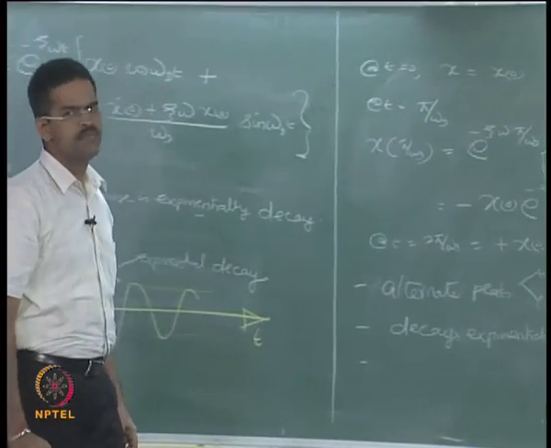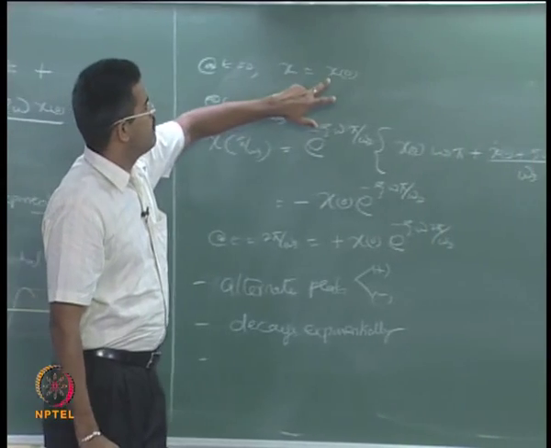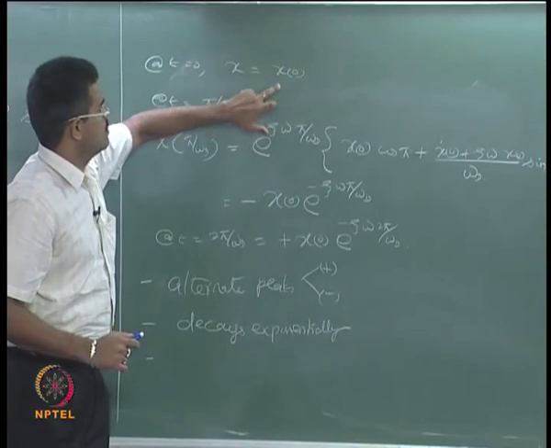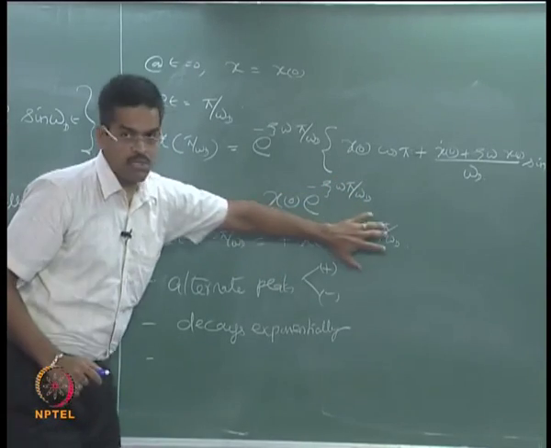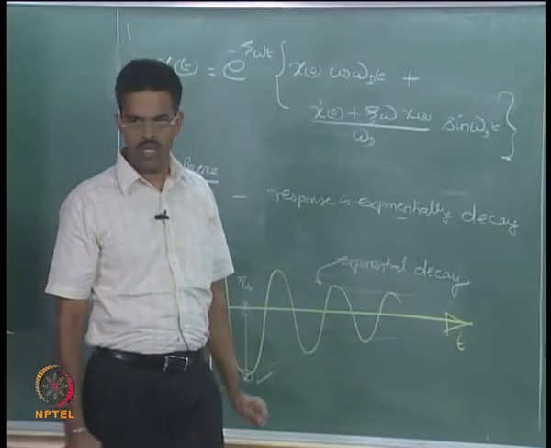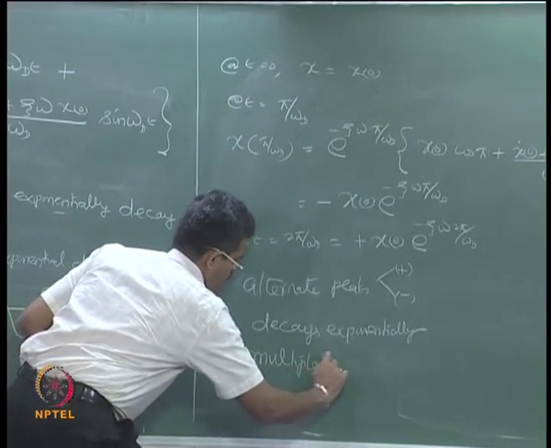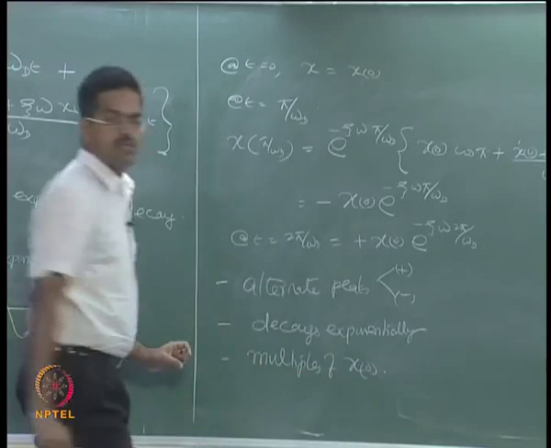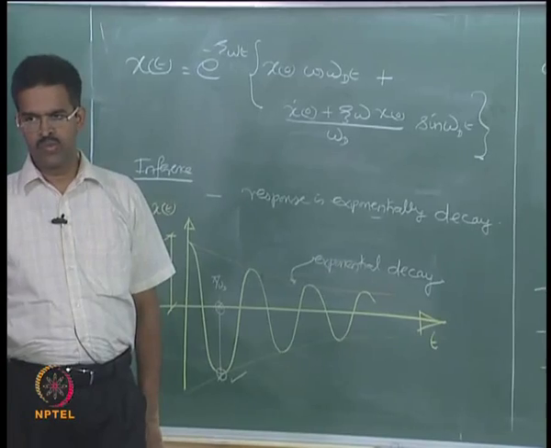Next, the successive peaks are all multiples of x naught, x naught of something, x naught of something. So they are all multiples of x naughts, that is, multiples of the initial displacement. They are clear.